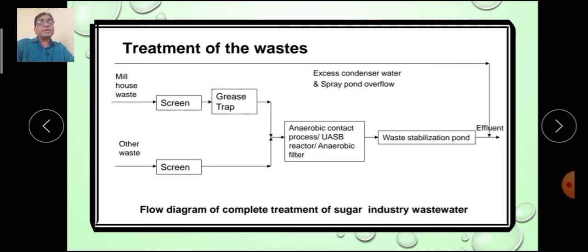It is a filter, again screening, that is by screening other waste is removed, and after the anaerobic filter the waste is stored in a stabilization pond. I will show the diagram of the pond. Okay, and the effluent is also collected.